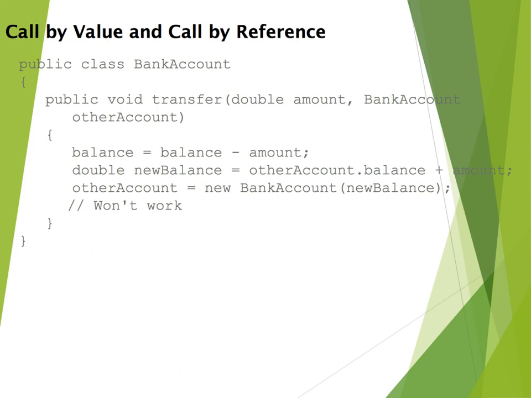Again, there's no problem with this, but here we say otherAccount is equal to new BankAccount(newBalance). This doesn't work. Why? Because we are replacing otherAccount, which is an explicit parameter of method transfer, with a new object of BankAccount. Since method calls in Java are not called by reference, this would not work.